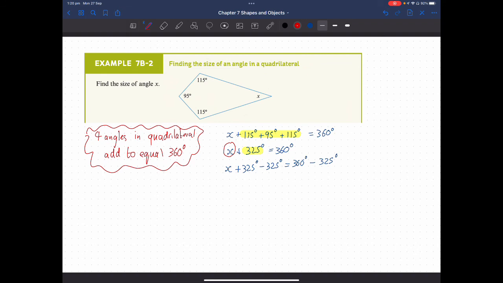The 325s have cancelled on the left-hand side, leaving me just with X. 360 minus 325 is 35 degrees. So the size of angle X is 35 degrees.